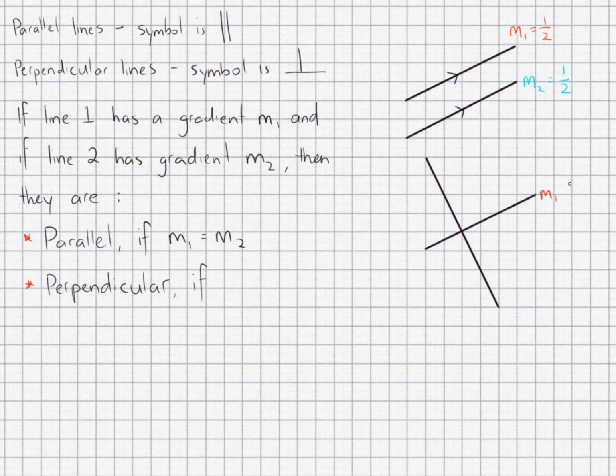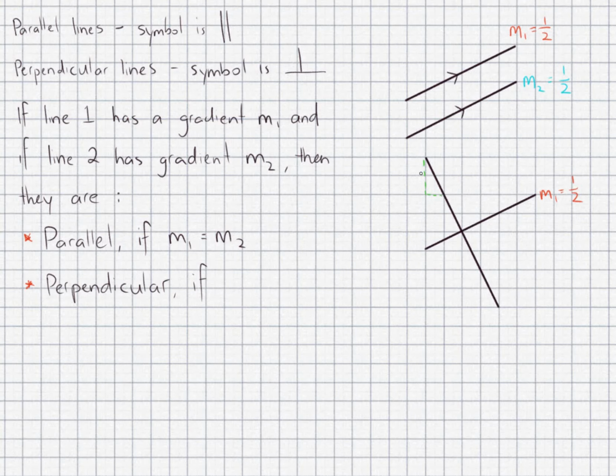Now we know that our first line had a gradient of 1/2. But what does our second line have a gradient of? Well, if we choose some points on the line and form a little right angle triangle, we can see that this line is going down 2 and across 1. So it has a negative gradient because it's running downhill from left to right.